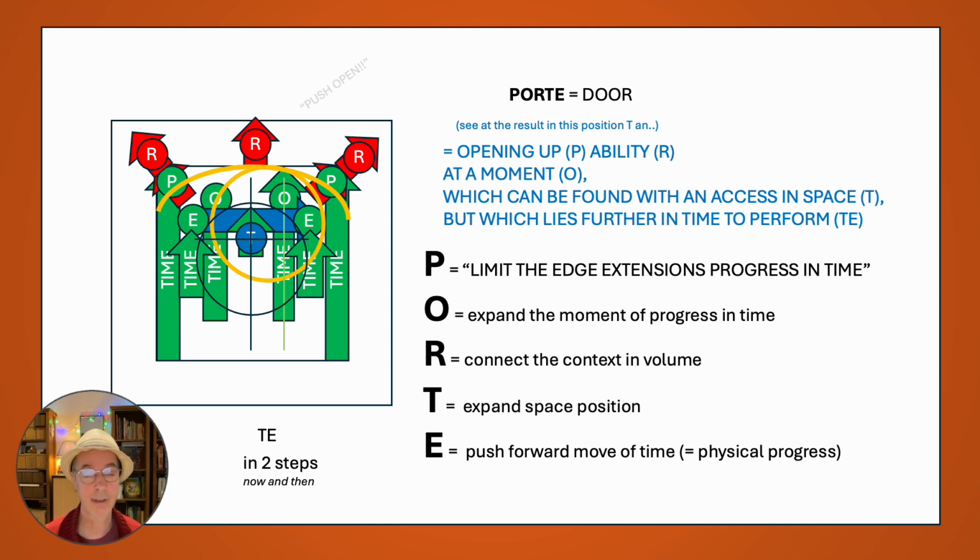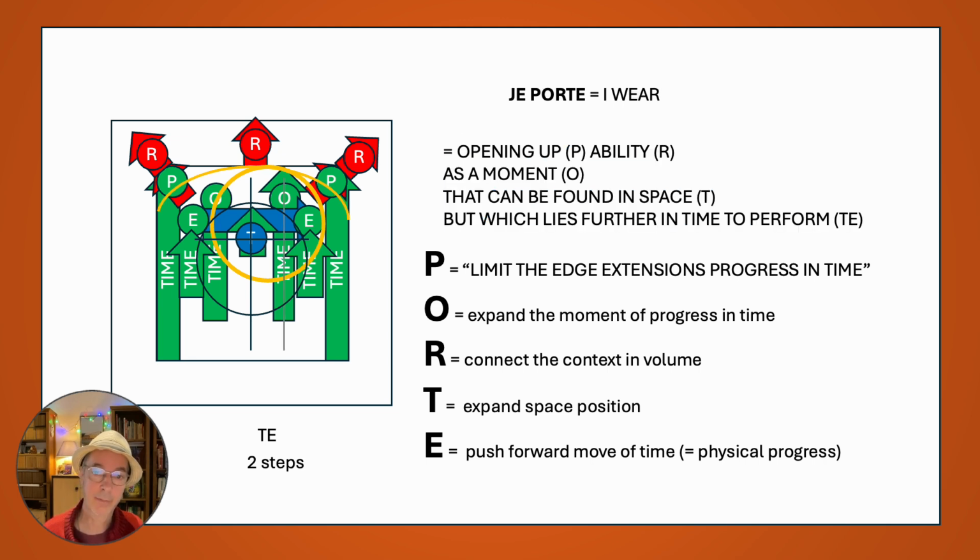This time process is described before that with the O. We take out a moment in which P, something can be pressed out and connected. So that means that something can be opened at some point by connecting to it. Not now, not immediately, but at some moment in time. That's what you can derive from learning to read the letter positions and the logic behind it.